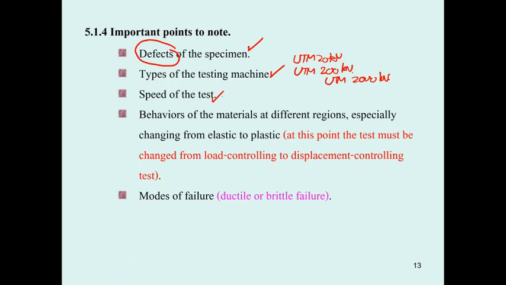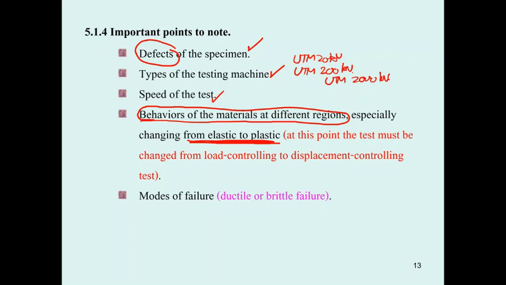Speed of the test is supposed to be that of a static test. We should not put too fast a loading into the specimen. You also need to notice the difference in the behavior of the material, especially when it changes from the elastic to the plastic region.